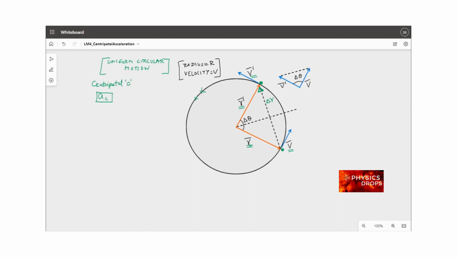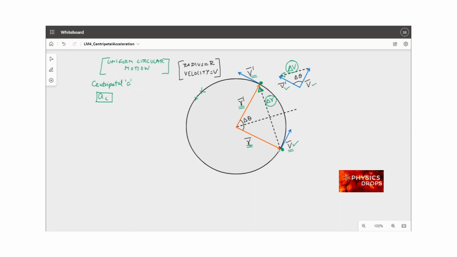Similarly, for ease of calculation, I am shifting the v vector to this place without changing the magnitude and direction, and v prime to this place without changing the magnitude and direction, so that the tails of both vectors coincide. Then again, using the triangle law, we get that the difference between the two vectors v and v prime is delta v. So we have delta v and delta r as the two difference vectors for velocities and positions respectively.